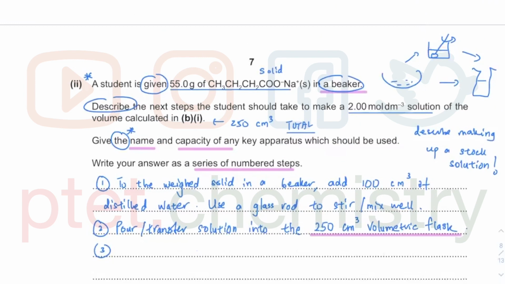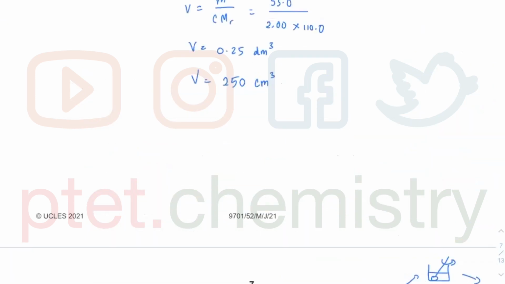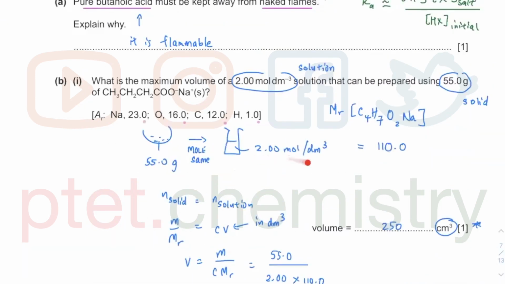Does it have to be 250 or can it be a reasonable number? Well, can it be 500 cm cube? That's my question. If it is 500 cm cube, would the concentration be valid? So do you have to memorize the numbers of the different capacities? No. Can you read this question? This is your required concentration.